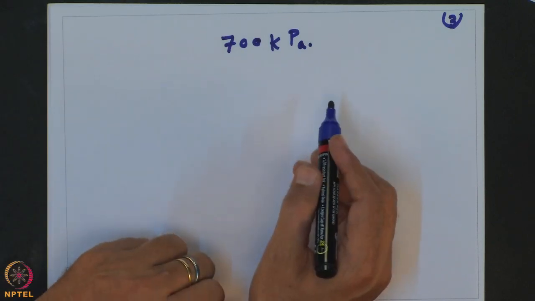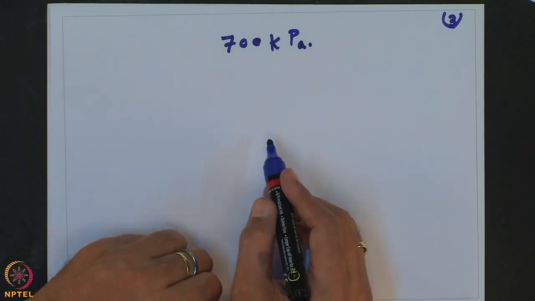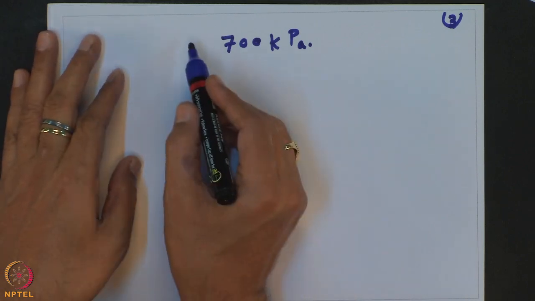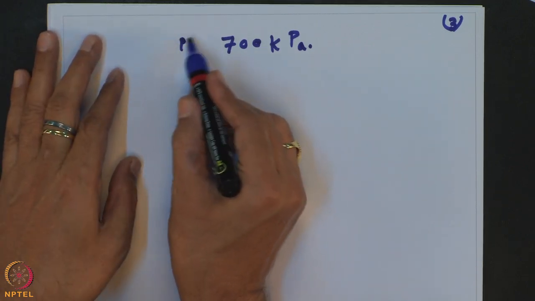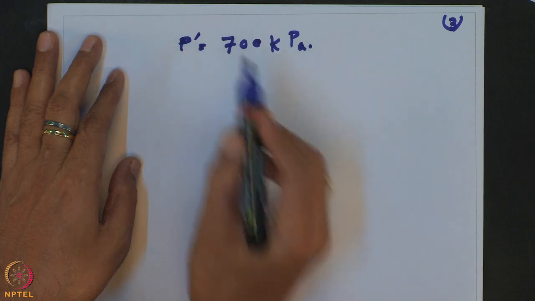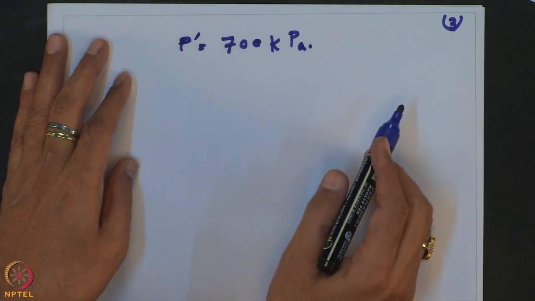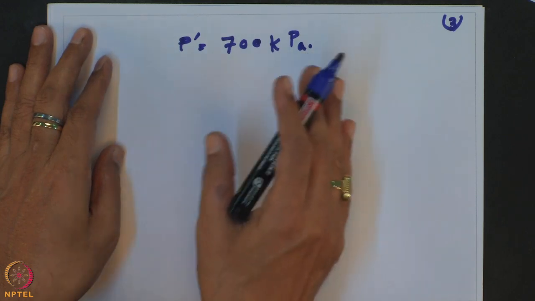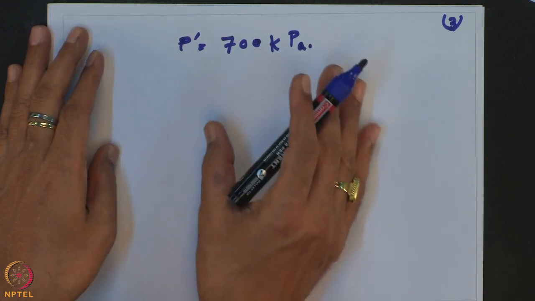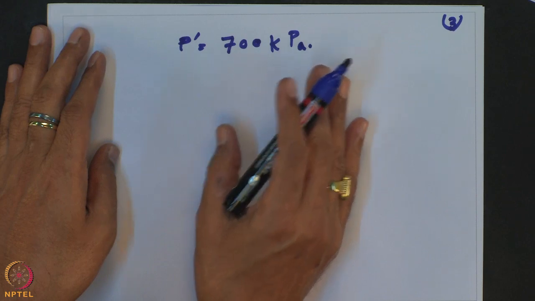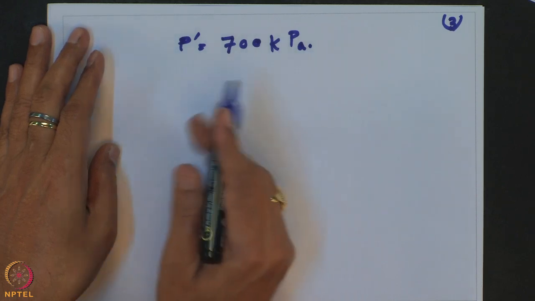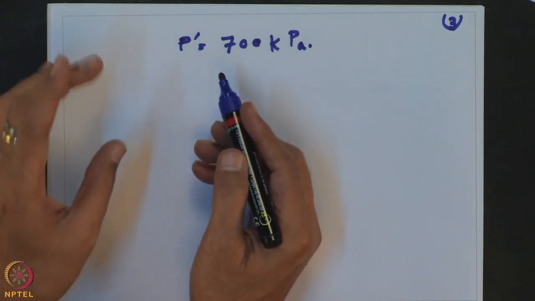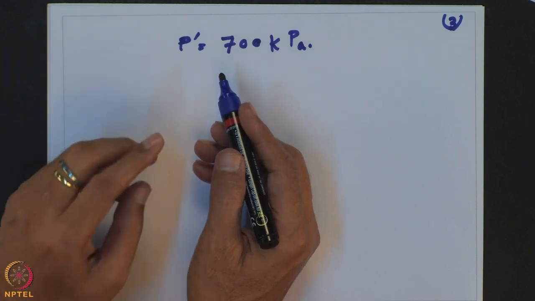This 700 kilopascal. Now, let us say here P dash is equal to 700 kilopascal, and this is rest that track tire impression paper of poorly graded aggregate layer and consisting 50 millimeter maximum size of the stone.